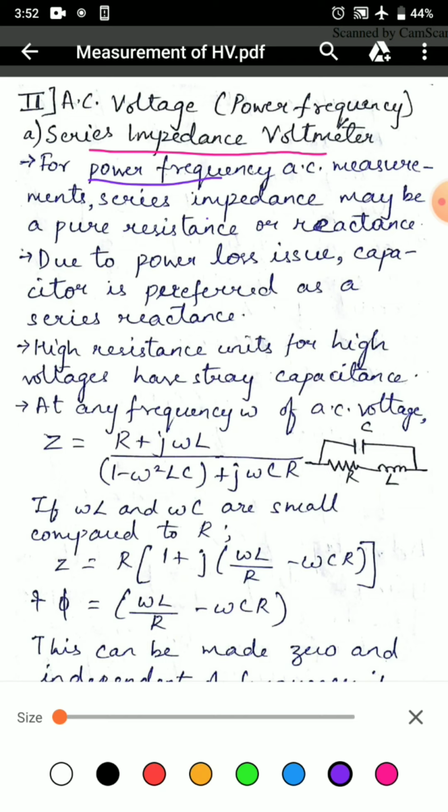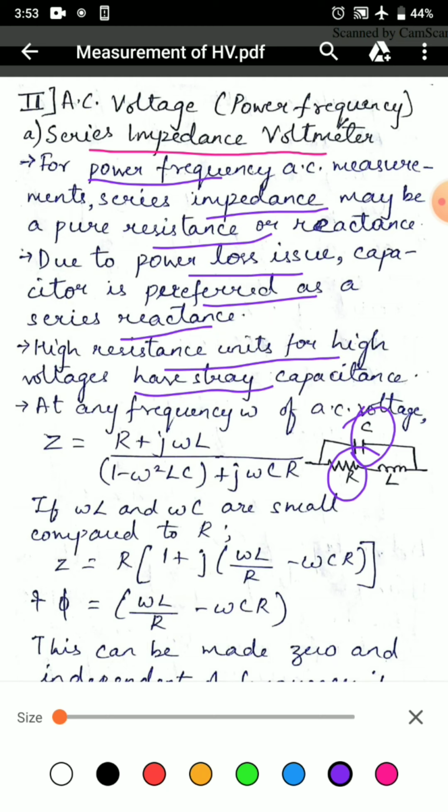For power frequency AC measurements, the series impedance may be a pure resistance or reactance. Due to the power loss issue, a capacitor is preferred as a series reactance. High resistance units for high voltage have stray capacitance.